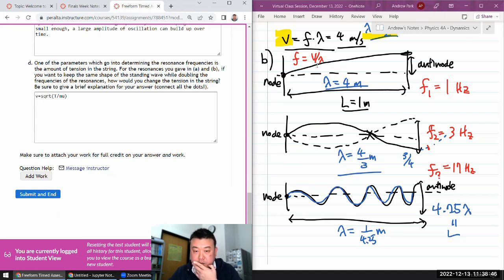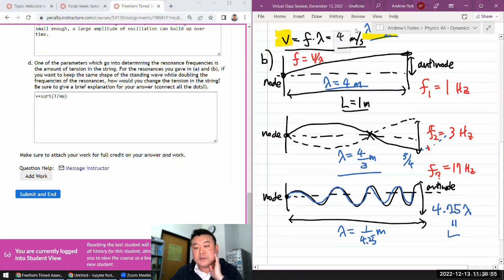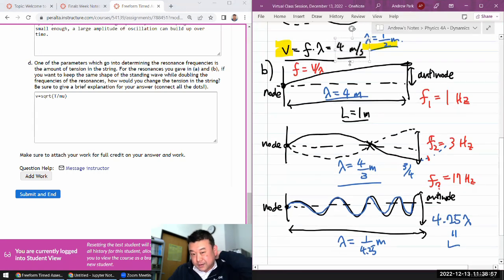So we go back to the expression here. The frequencies of the standing waves depend on the wave speed. And before, we got this wave speed, or I guess we assumed the length, so exact values don't matter. What's relevant is that we want this frequency to increase by a factor of 2.